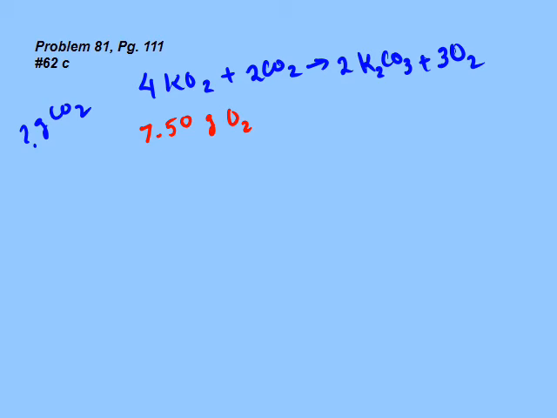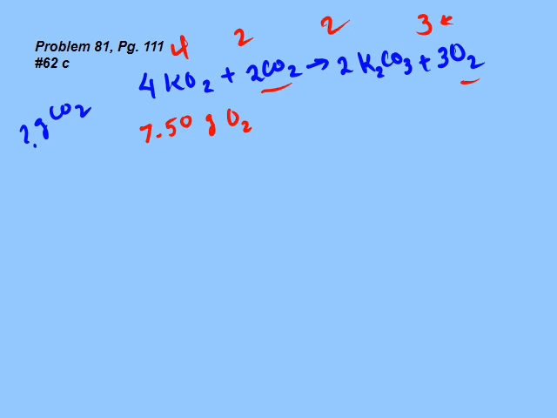So you'll have to use some information from the chemical reaction, because oxygen and carbon dioxide are related by this chemical reaction, and these numbers are 4, 2, 2, 3, and these are all moles, so keep that in mind.